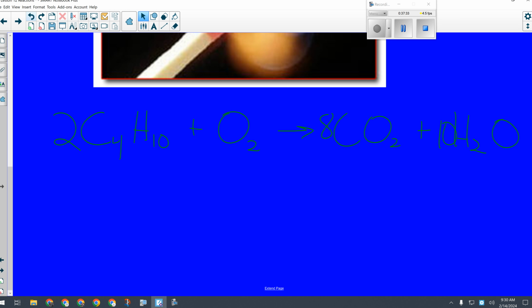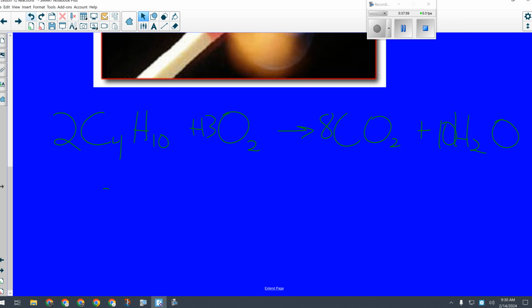All right, now I look at my oxygens. 10 times 1 is 10, plus 16 is 26. What times 2 is 26? 13. Now I could balance it, and I didn't get any decimals. So when you have an even number of carbons, you start your balancing with a 2.